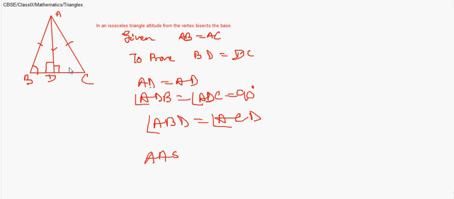Let's take up a few questions based on these theorems. I write a question here. Triangle ABC is an isosceles triangle with AB equals AC.